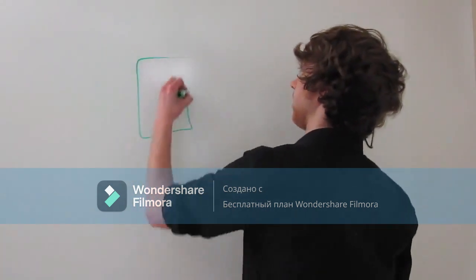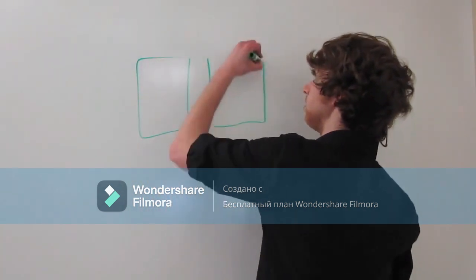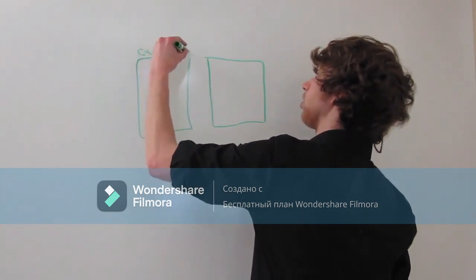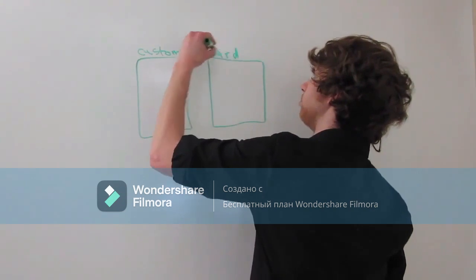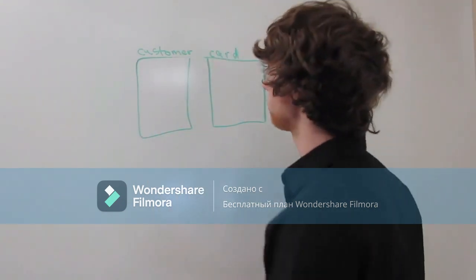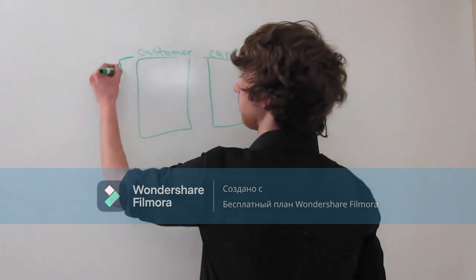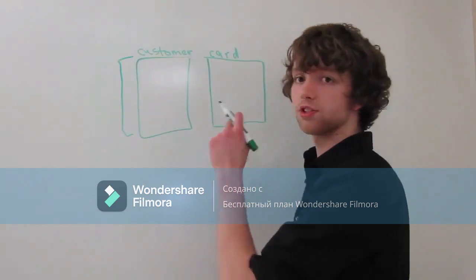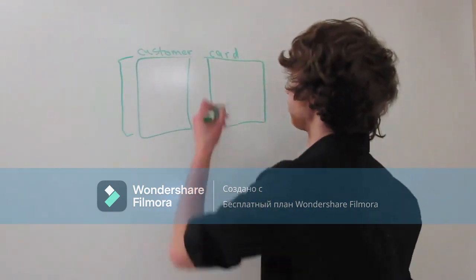We have two tables, a customer table and a card table. So this would be like for a bank or something. And let's first see what a left join would do. A left join would take all of these customers, and then it'll take only the cards that have an associated customer and return those.